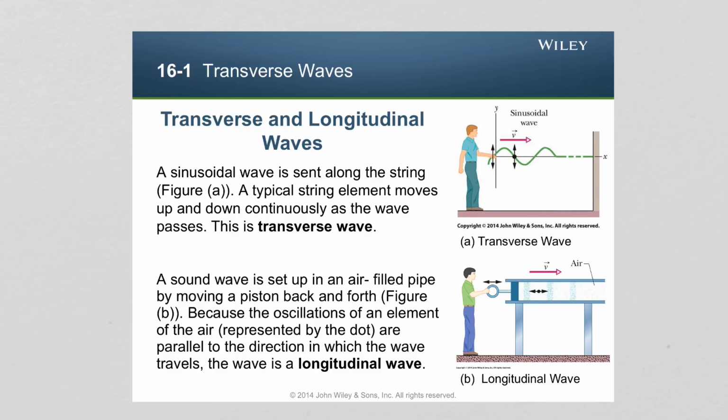And so the wave propagates horizontally down the rope, but the particles of the rope oscillate perpendicularly to the direction of propagation. Because of that, waves that propagate in such a manner are called transverse waves.